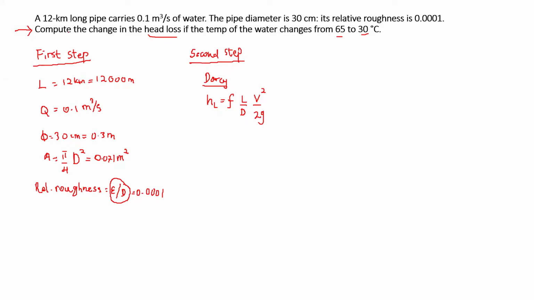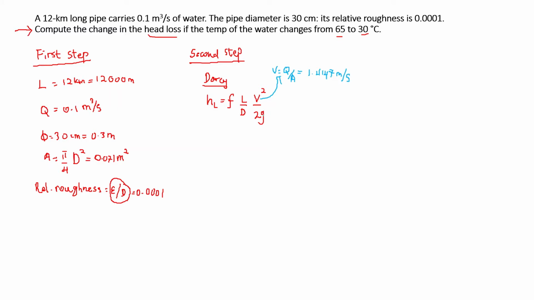So yes, you already have V. You can calculate V because you were given Q and you were given A. So V is equal to 1.4147 meter per second.